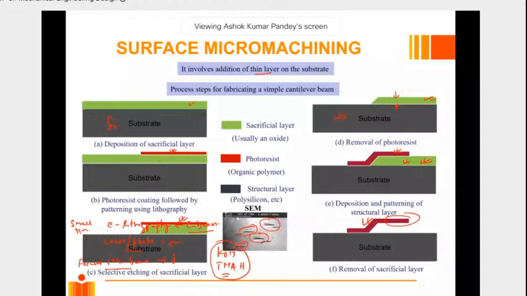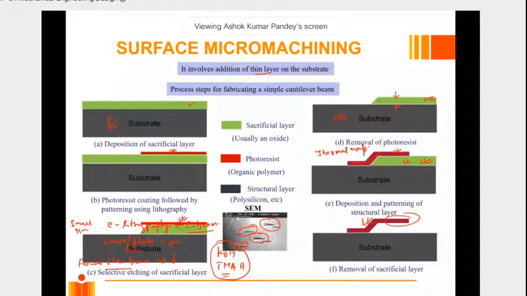Why so? Because when you deposit these metals using thermal evaporation technique or RF sputtering, or through thermal means, some kind of stresses are developed inside.